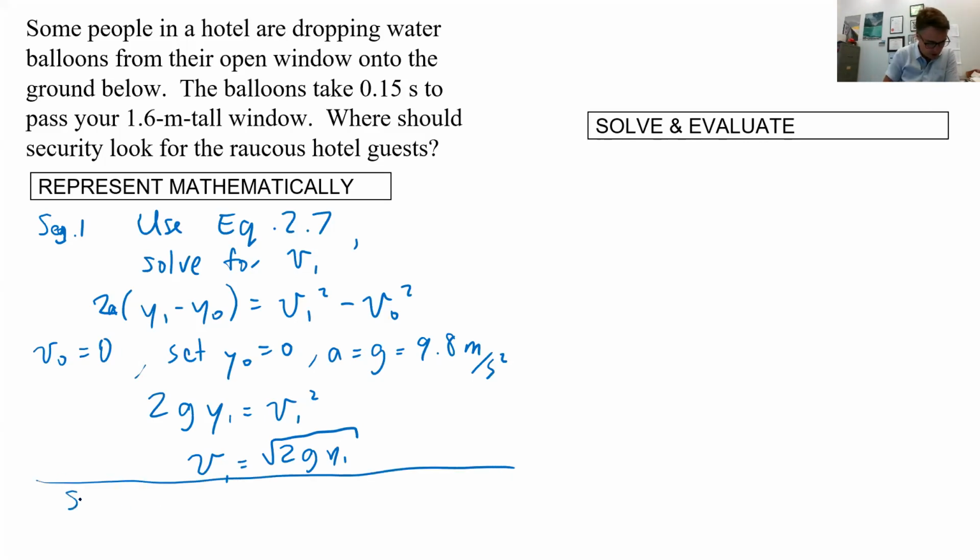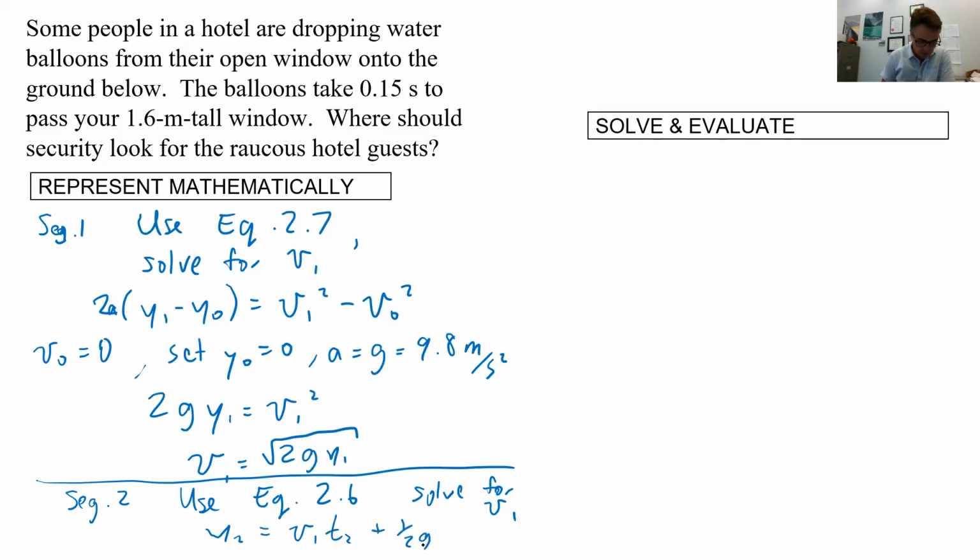Before we run out of room here, segment 2, I'm going to use equation 2.6 because the thing I don't care about there is that final velocity at the bottom of the window. And again, I'm going to solve for V1, the initial. So here we've got Y2 is equal to V1, the initial now, times T2 plus 1/2 G times T2 squared.